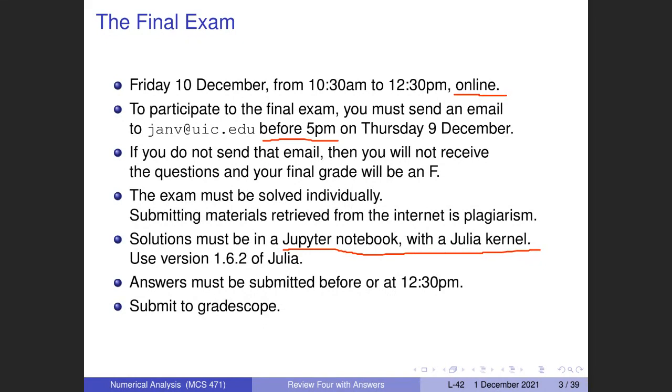We can then schedule a makeup, most likely on Friday afternoon, also online and under the same conditions. That's the other point that I did not mention on the slide.